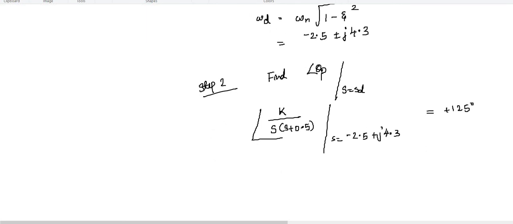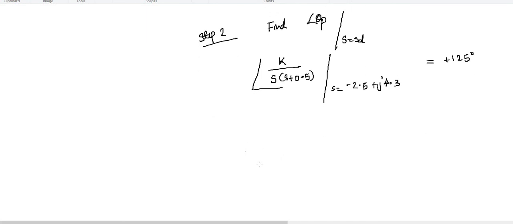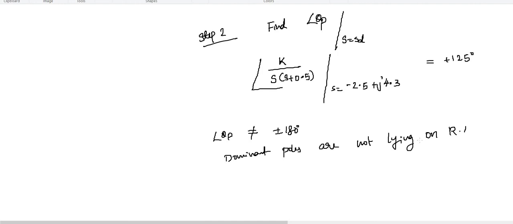So theta p, the angle of the open loop transfer function at s equal to s_d, is plus 125 degrees. Now you can see that the angle theta p is not equal to plus or minus 180 degrees. That means the dominant poles are not lying on the root locus, and we have to design a lead compensator.